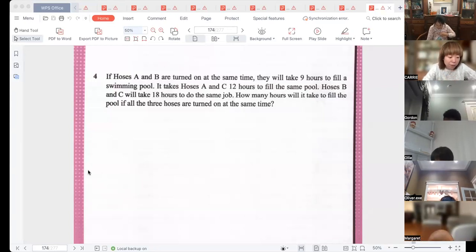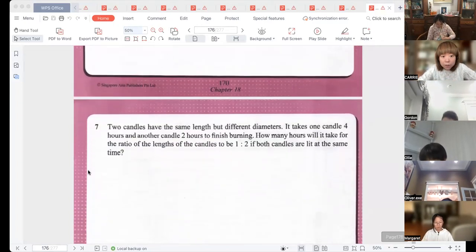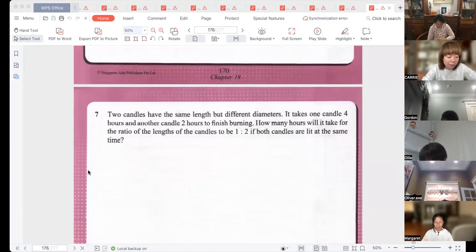Okay, so now let's take a look at the next one. Number 7. Two candles have the same length but different diameters. Of course, one is fatter and one is thinner, correct, everybody?